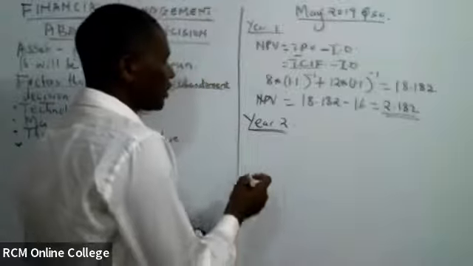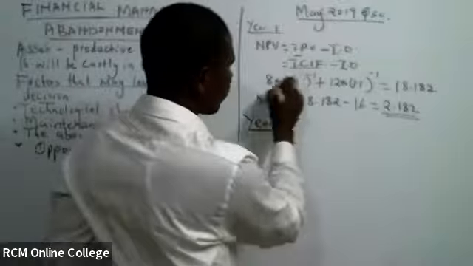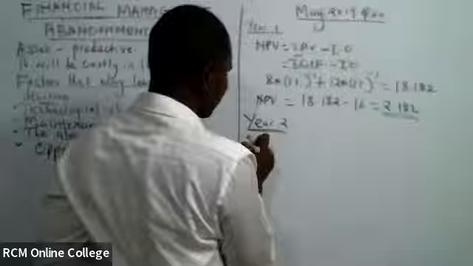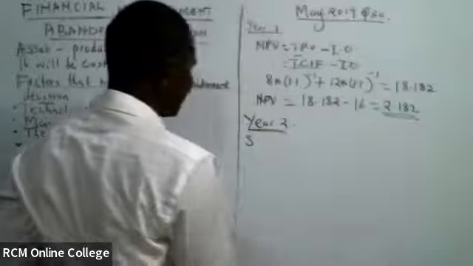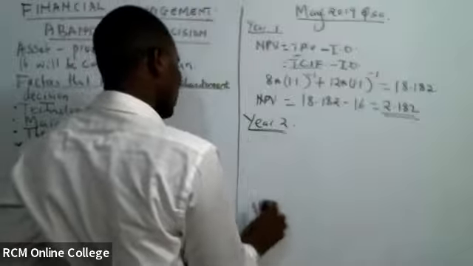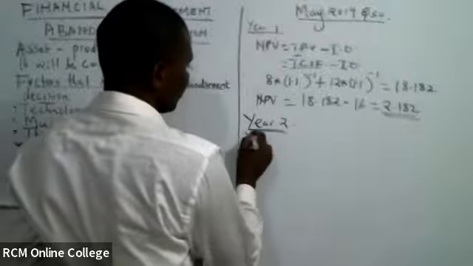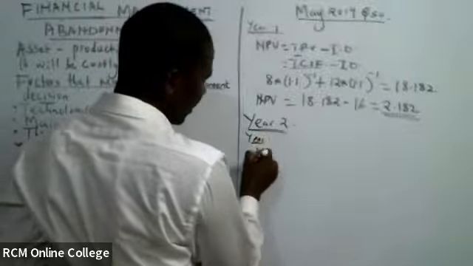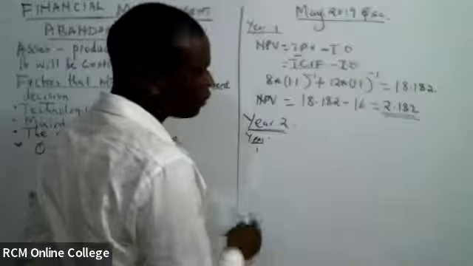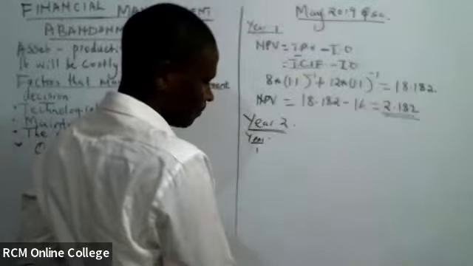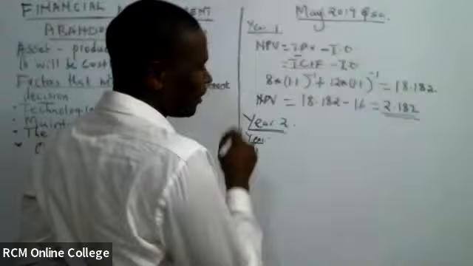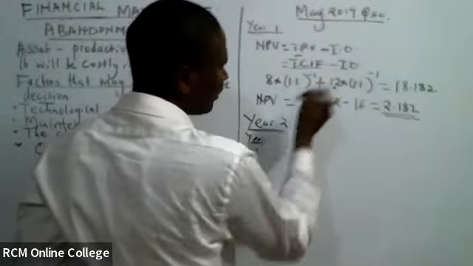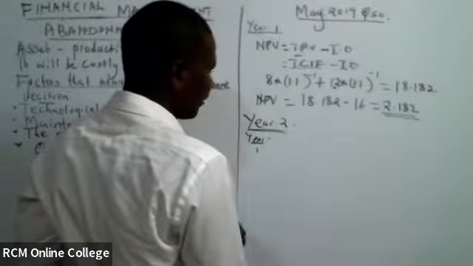Therefore, we shall be having this one, the 8. Or let me just arrange it the other way so that it does not confuse you. Year 1 must be included because this is the same project. The only thing that is changing is our abandonment value.